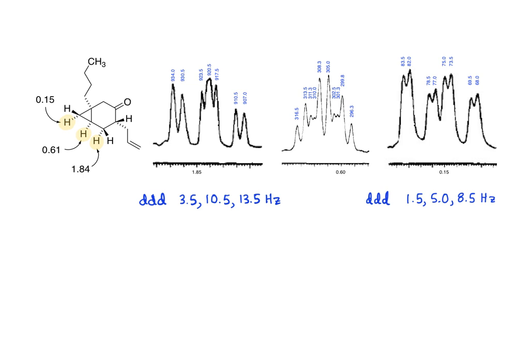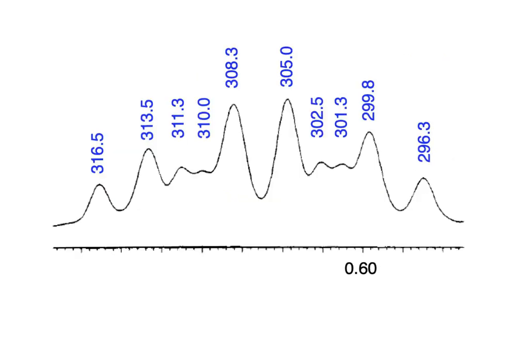This one in the middle is more difficult, and so let's look at an expansion, which you can do with the MNOVA program by simply zooming on a specific multiplet. The hardest part, in my opinion, to get started is to assign the relative integrals.